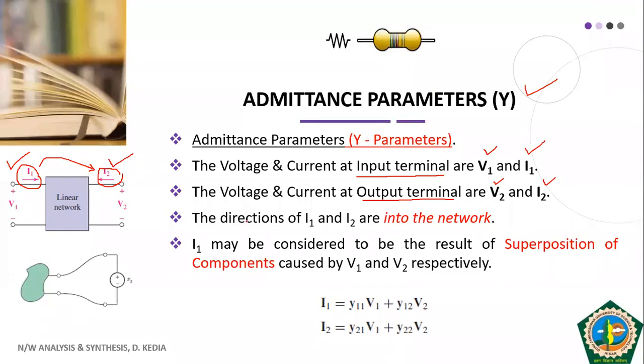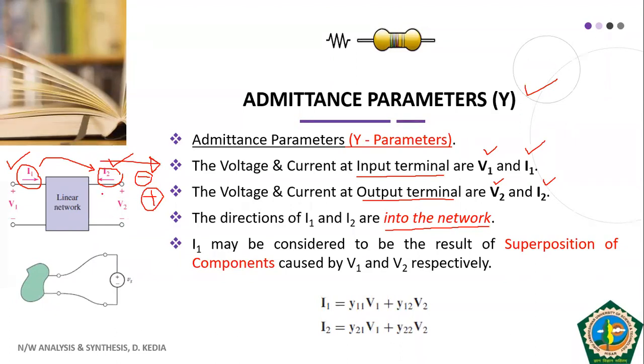This is a sign convention: directed into the network. So if you happen to find the value of I2 flowing outward in the circuit that you will be discussing, then your I2 value will be negative. So we will be assuming I1 and I2, which are directed into the network, as positive. This thing you have to remember.